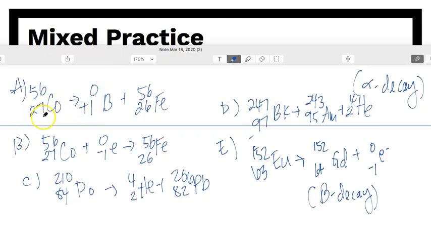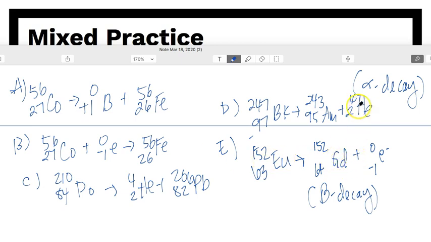So again, when you're doing these, make sure they balance out. 1 plus 26 is 27, 27 minus 1 is 26, 26, 84 on the left, 84 on the right, 97 on the left, 97 on the right, 63 on the left, 63 on the right. So that's how you could tell if you're doing it right or wrong.